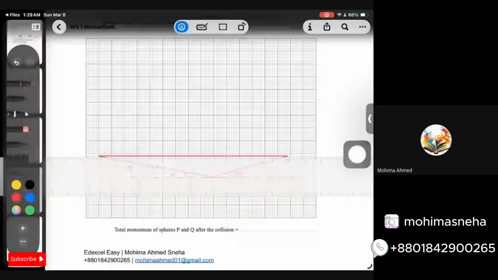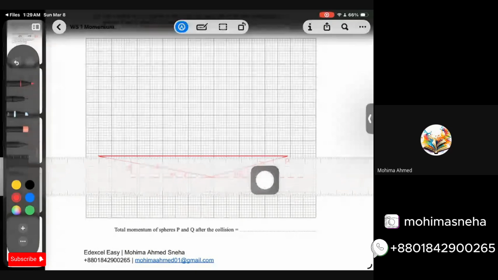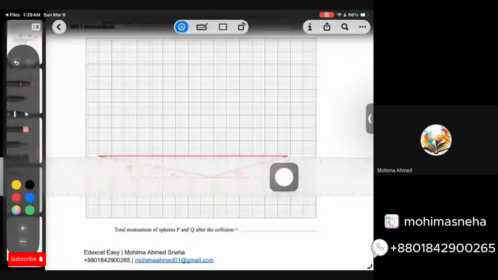My mistake, sorry, I cannot actually see properly. 1, 2, 3, 4, 5, 6, 7, 8, 9, 10, 11. This is where 11 ends. And then this is exactly at 12, by the way. For your scale, this is exactly at 12.